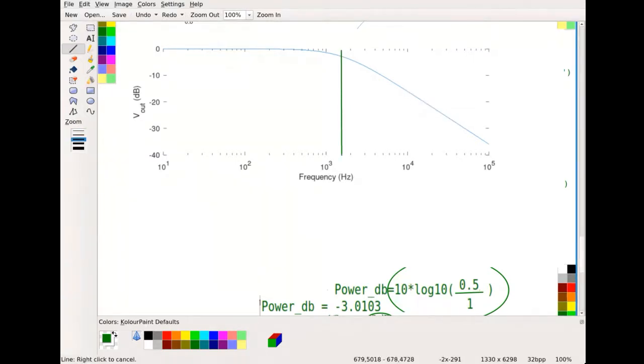Somewhere right around here was that cutoff frequency. If I draw this line up to the cutoff frequency, and then I draw this line here, then this is the magnitude of my Bode plot, what we call a straight line Bode plot.